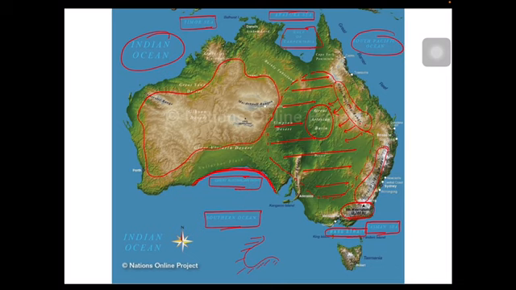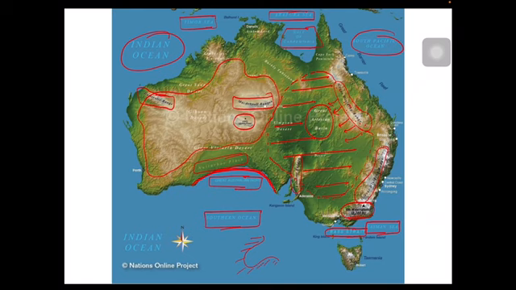I would like you to pay attention to Flinders Ranges, Nullarbor Plains, Hammersley Range, McDonnell Range, and also Uluru, Ayers Rock. Ayers Rock is a very famous tourist destination where you will find a single mountain, and across the region you will find only plain, but a single mountain is standing over there.